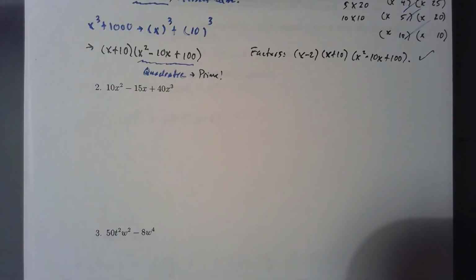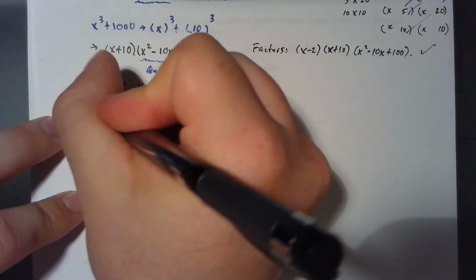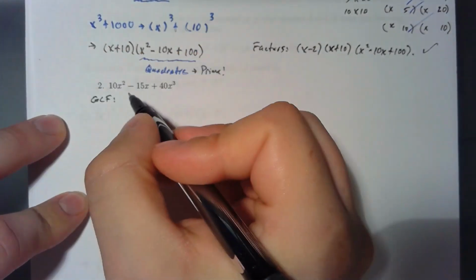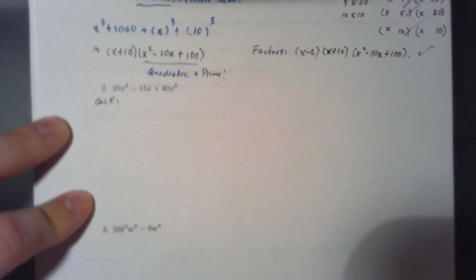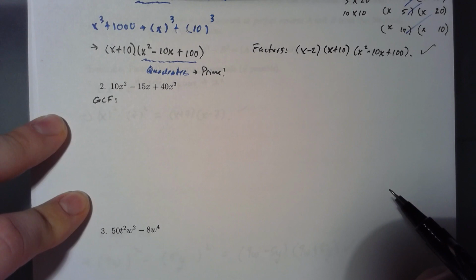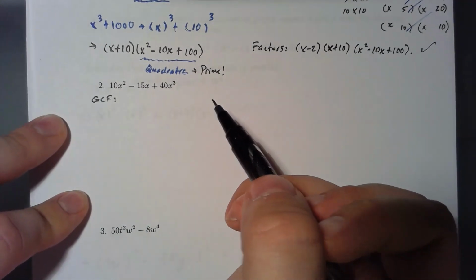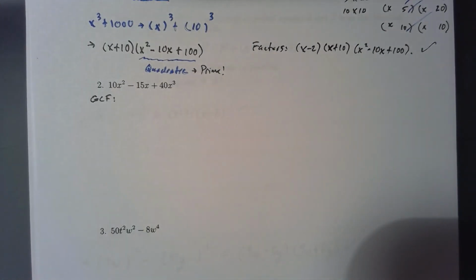Okay, let's look at this one. Does it have a GCF? It does. It's 3 terms, so it's not grouping. So let's factor the GCF out. So what is the GCF? Well, the highest factor between 10, 15, and 40 is going to be what? Looks like it's going to be 5 to me, right?